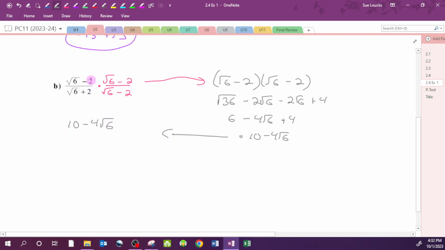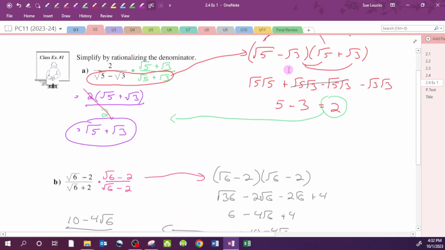So I'm going to put that back over here, and that's what's in my numerator, which is 10 minus 4 root 6. Now my denominator, because this is a difference of squares, I'm going to shortcut it this time, okay? So I'm going to have root 6 times root 6, which is 6, and then minus 2 times 2, which is 4.